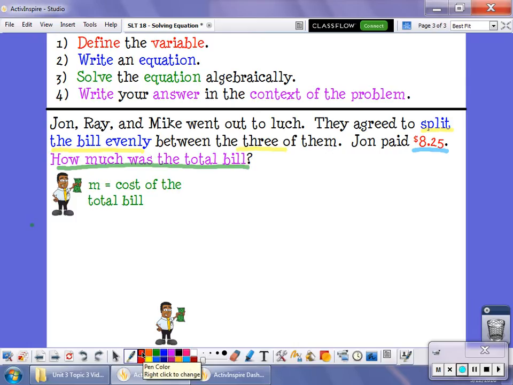I know that the total bill divided by the 3 friends meant that one person paid $8.25. So if I take the total bill and divide it in 3 parts, it was $8.25. Now to solve this algebraically, the opposite of dividing by 3 is going to be to multiply by 3.